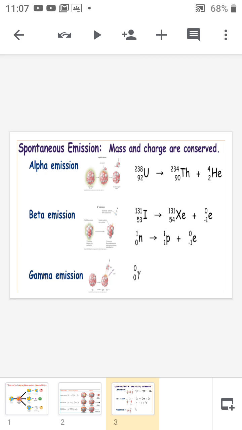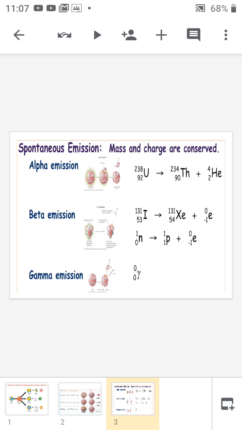According to atomic number 54, the element is Xe, xenon. And the procedure taking place in the nucleus is that one of the neutrons in the nucleus is converted into a proton and an electron, and the proton is retained in the nucleus itself, and the electron is emitted as a beta ray. That's why the daughter nucleus has an atomic number one greater than that of the parent nucleus.